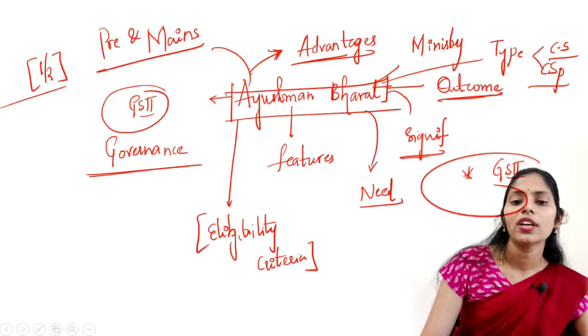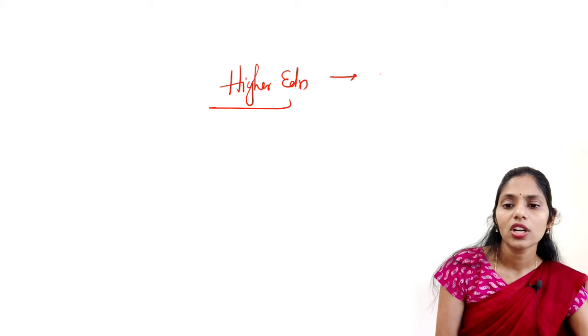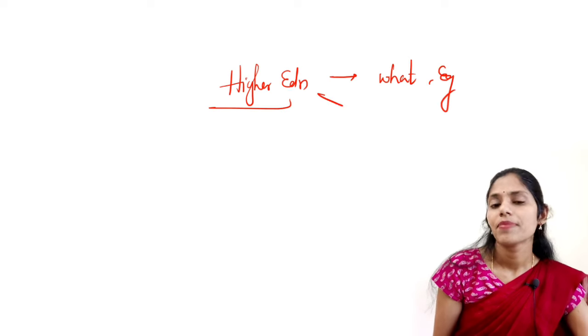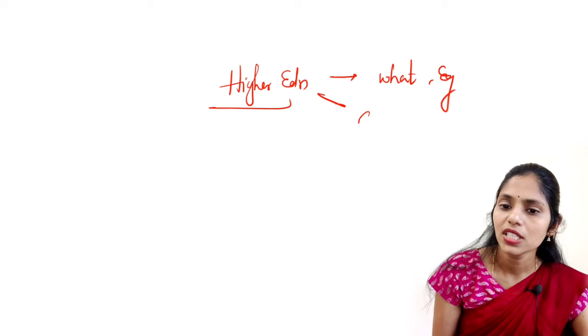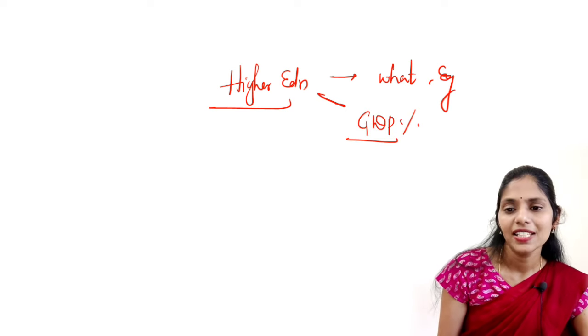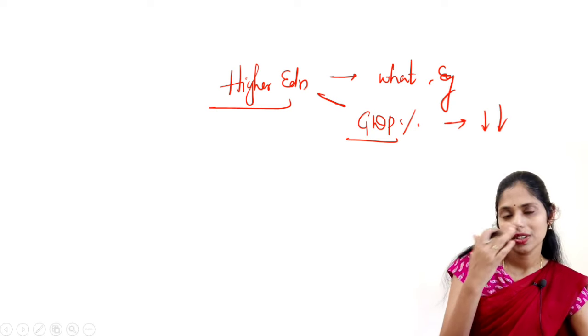Whenever you are talking about higher education, you have to know the meaning of higher education. You have to know some examples, and you have to see what percentage of GDP is contributed to education. This article says that in this interim budget there is decreased allocation for higher education.